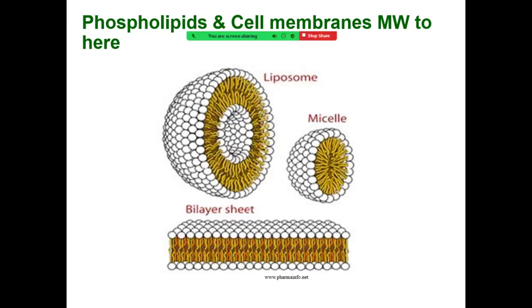The cell, especially an animal cell, will be surrounded by the cell membrane. And that's what this is here, with the phosphate heads being on the outside of the membrane and the phosphate heads on the inside of the membrane, with the tails making the phospholipid bilayer of the cell membrane.